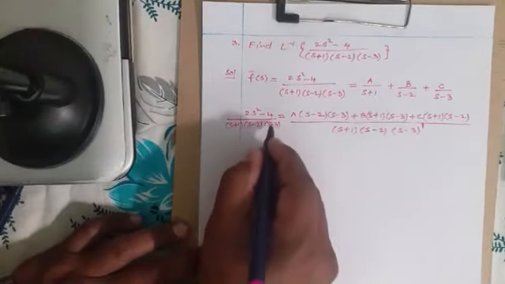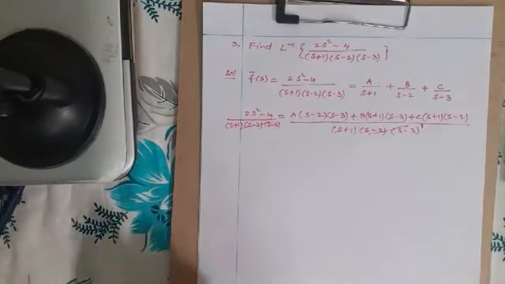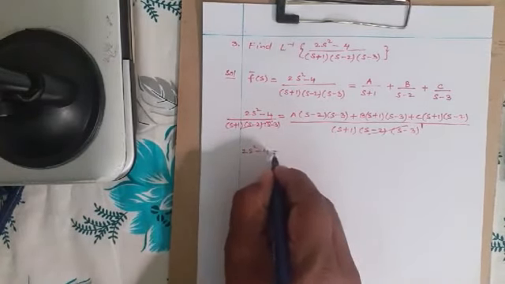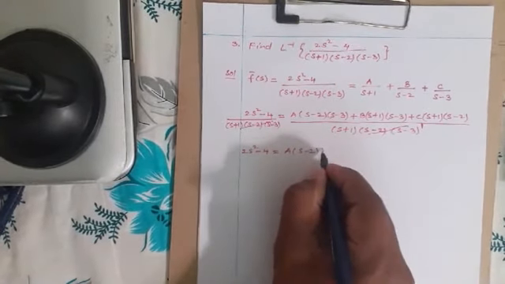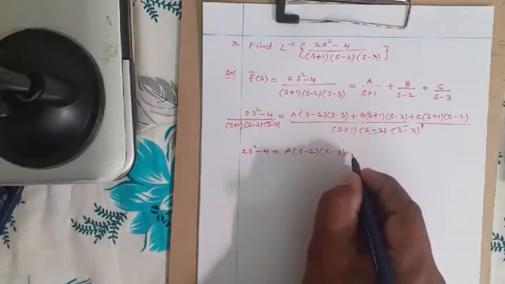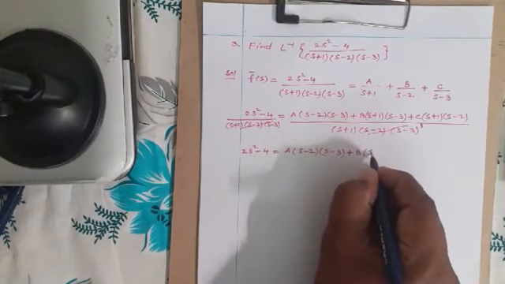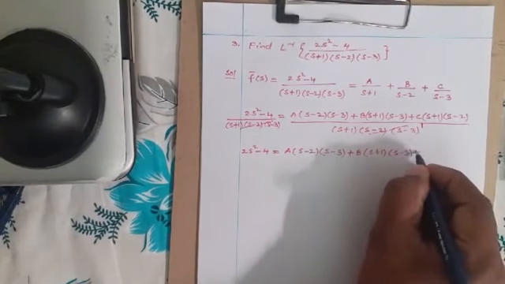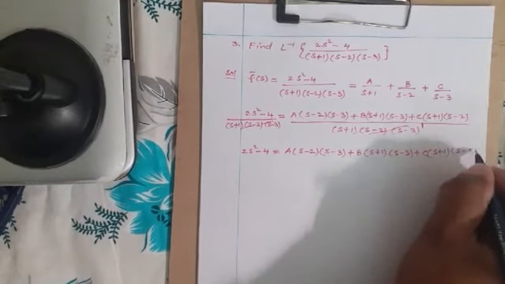Then you can cancel the denominator on both sides, then you get 2s square minus 4 is equal to A into s minus 2 into s minus 3 plus B into s plus 1 into s minus 3 plus C into s plus 1 into s minus 2.